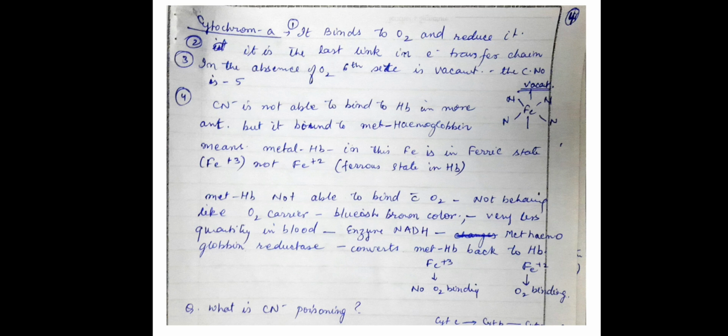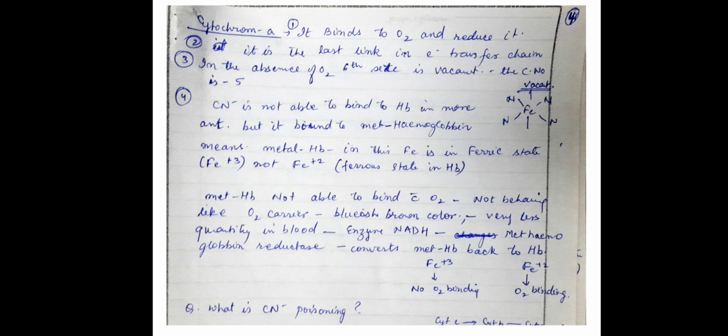It has a vacant site above the iron. This is the last link in the electron transfer chain. In the absence of oxygen, the 6th site is vacant and the coordination number is 5. If oxygen is available, then the site is coordinated with the oxygen. So in the absence of oxygen, the 6th site is vacant.